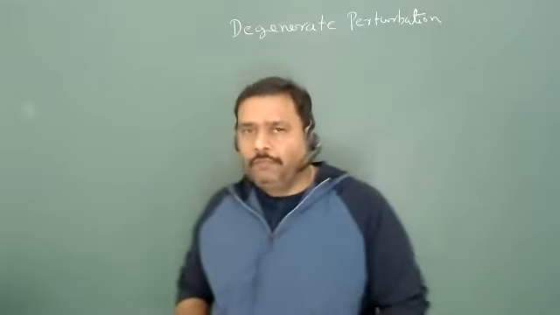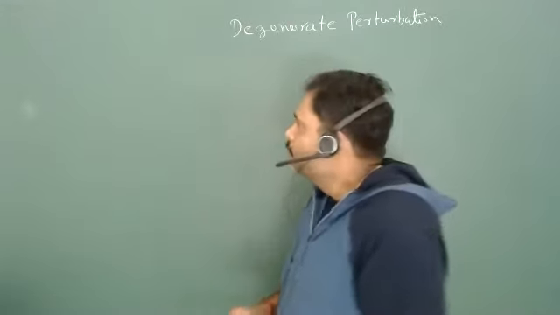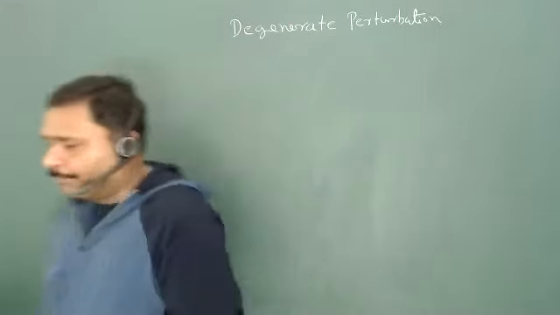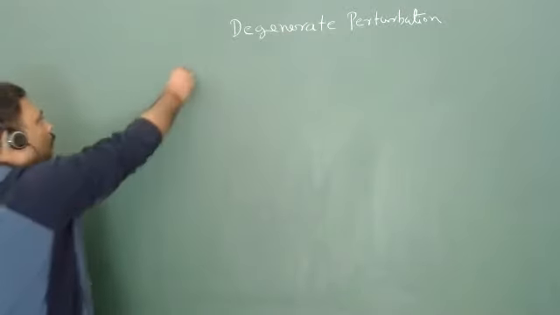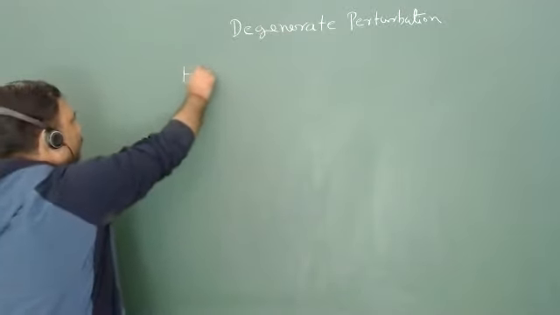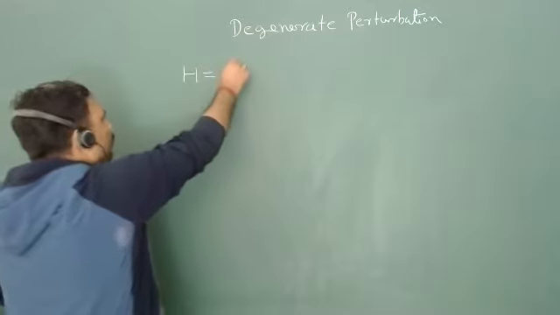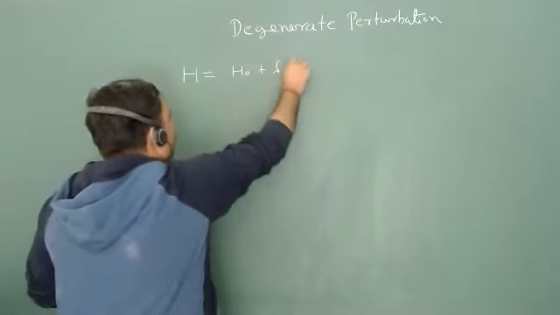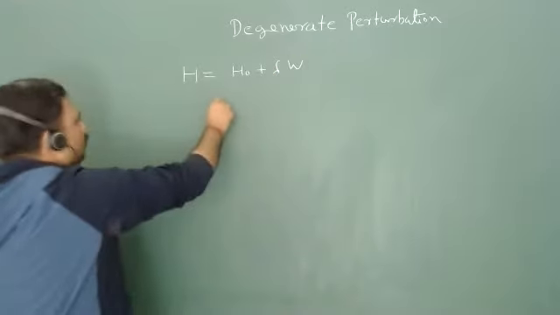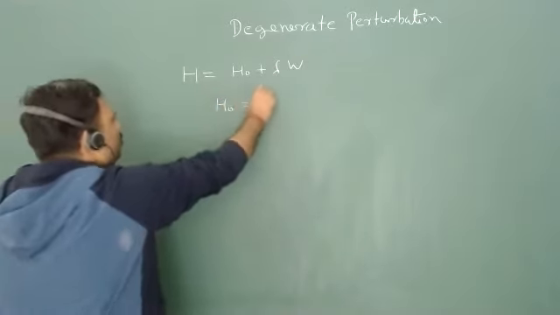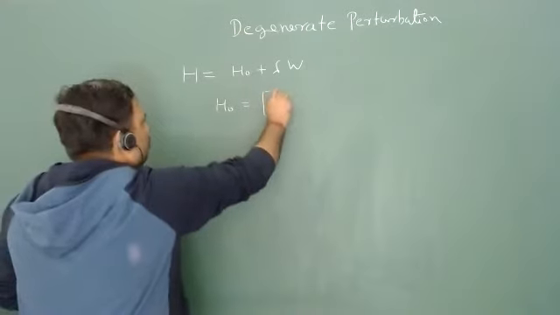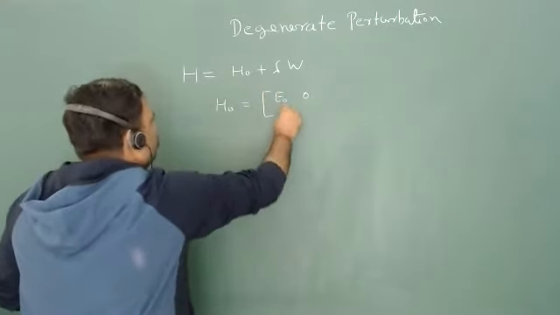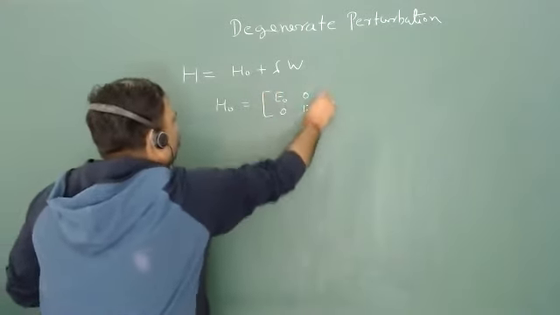So let us go for one more problem. Again, I have H as our H naught plus lambda W, where H naught is, let's say, a 2 cross 2 matrix. This is E naught 0 0 E naught.